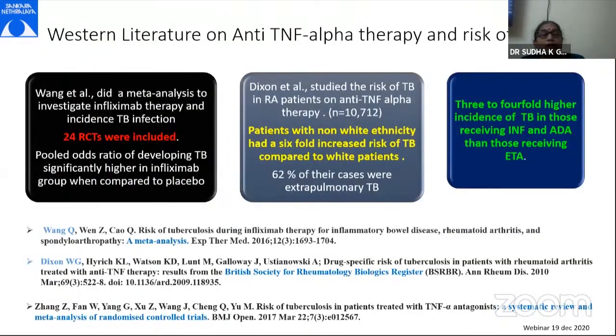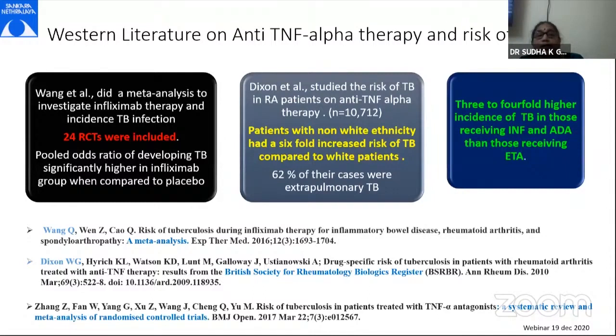So we looked into the Western literature, a study by Wang et al. They did a meta-analysis to investigate infliximab therapy and the incidence of TB infection. 24 randomized clinical trials were included, and the pooled odds ratio of developing TB was significantly higher in the infliximab group when compared to placebo.